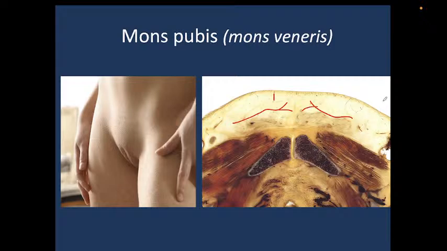So the idea is to classify the female pubis as genital organs. It's interesting because for men we don't call the male pubis genital organs, but in women we do.